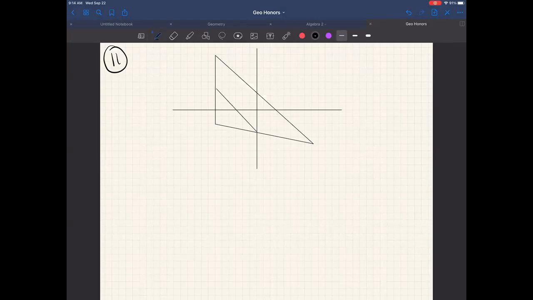So I have A, B, C, and this is going to be D, E. Which transformation shows that triangle ABC is similar to triangle DBE?